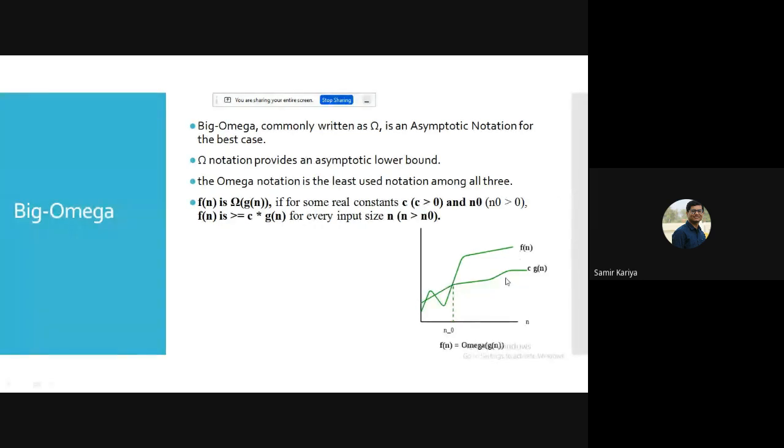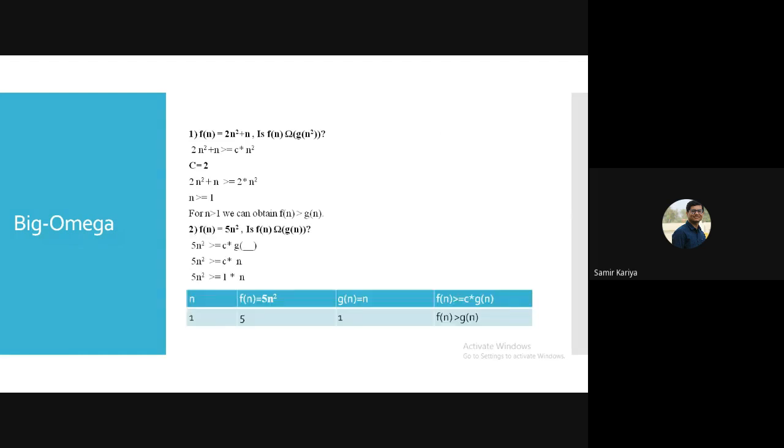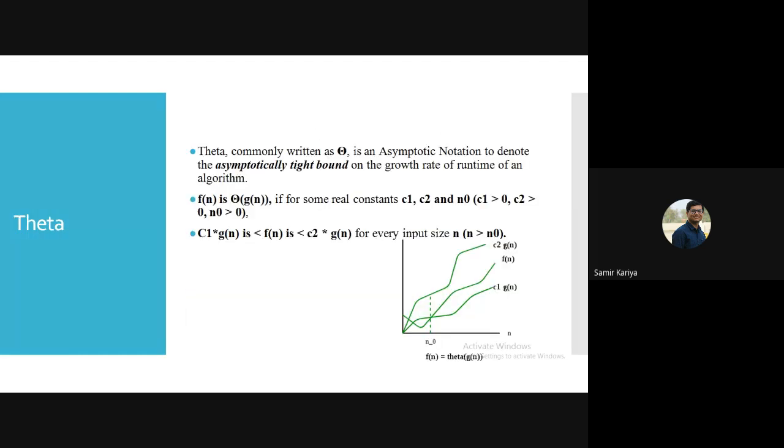For n greater than n0, C into G of n is less than or equal to F of n, or you can say F of n is greater than or equal to G of n. So that's big omega, known as the lower bound, the minimum time. In the last lecture we saw examples up to this one, and today we start theta.